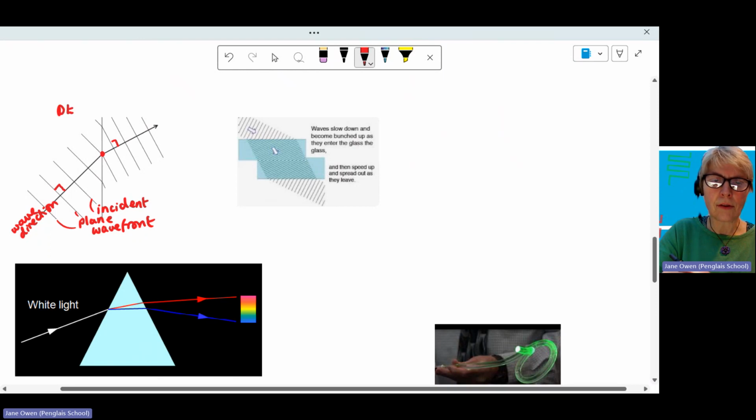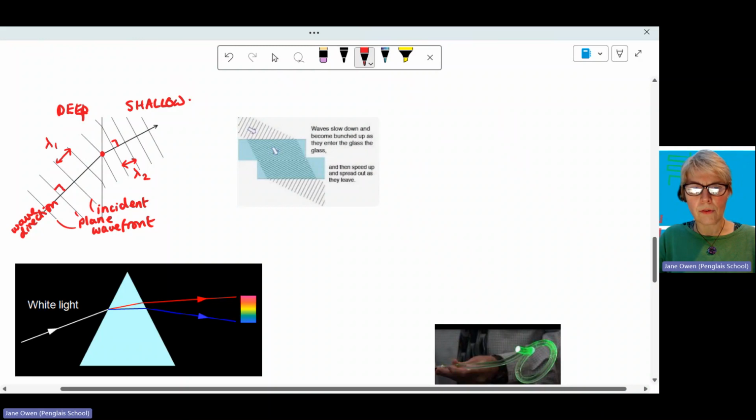Let's say that this is deep here and this is shallow water here, then you'll get a difference in the wavelength between the deep part and the shallow part. Now you could also relate it to light, but I've done it here for water to kind of show.